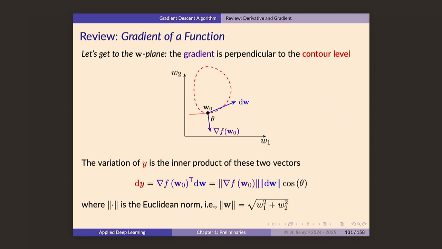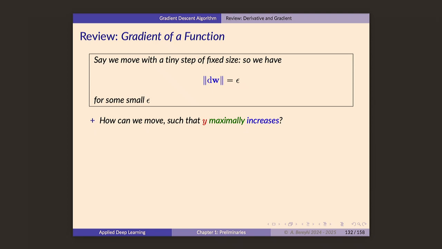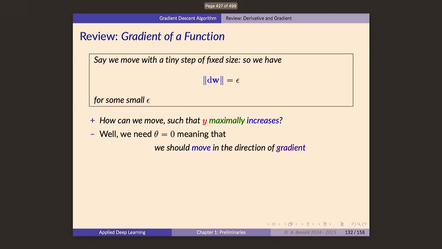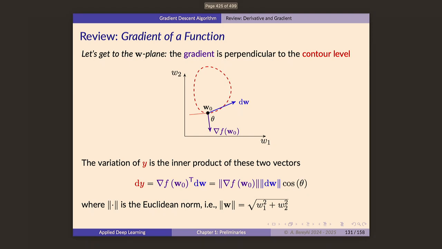Now, this dw is a very tiny bit, so the size of the step I'm taking is always epsilon. So instead of the amplitude of dw, I can write epsilon, correct? So the inner product is going to be the amplitude of my gradient, which is something fixed, multiplied by epsilon, which is again something fixed, multiplied by the cosine of the angle between them.